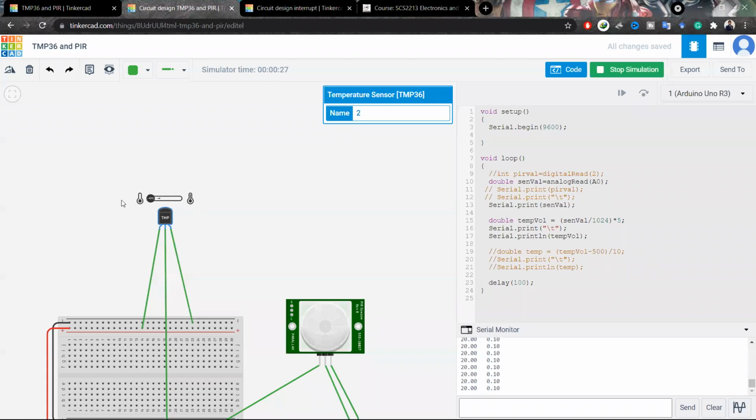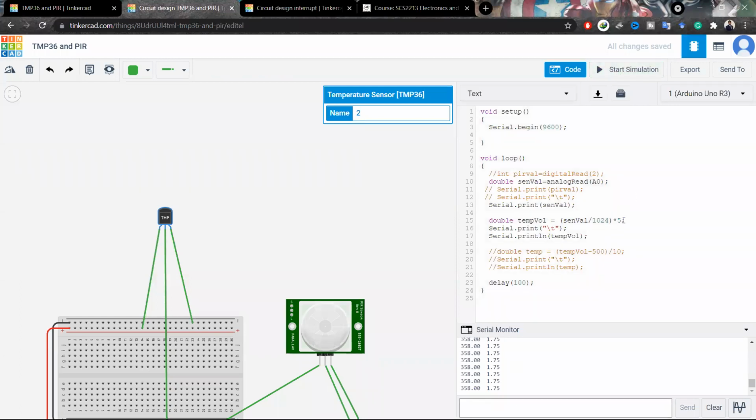At the endpoint, it gives some 0.1 voltage, and the higher value will be 1.75. Because of that, we can give a value like 5000 here.